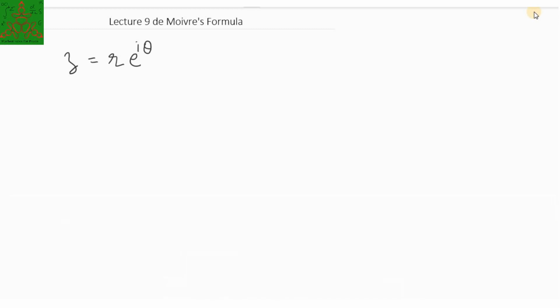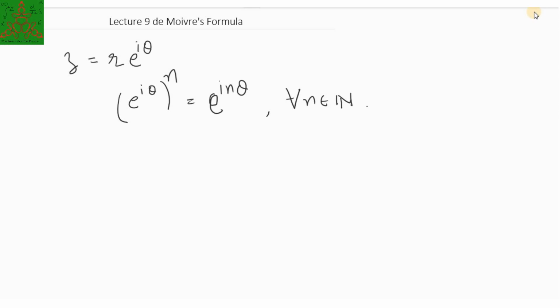The formula is actually a generalization of (e raised to i theta) raised to n equal to e raised to i n theta. This equality is true for every n belonging to N, which we have already discussed in the previous lecture.